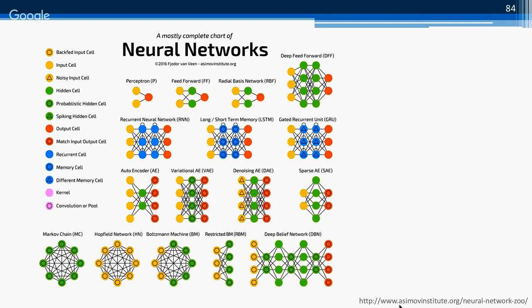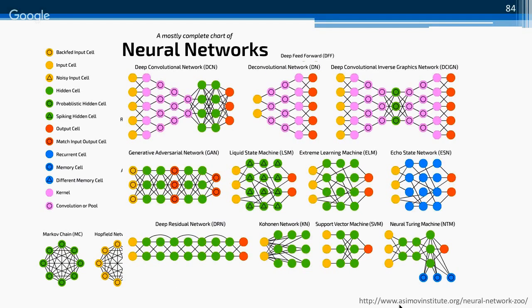But then there's all these different things, some of which we'll talk about today and tomorrow, some of which we will not. Autoencoders we'll talk about tomorrow. You can do recurrent networks. You can do deep feed-forward. LSTMs you mentioned, we'll talk about that later, et cetera. And there's more: convolutional networks and deconvolutional networks and so on.